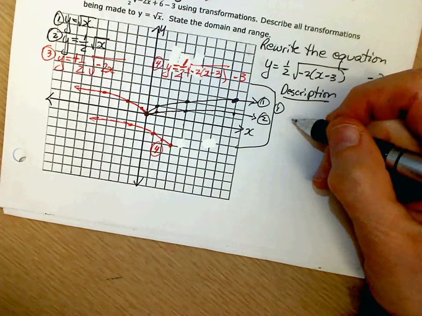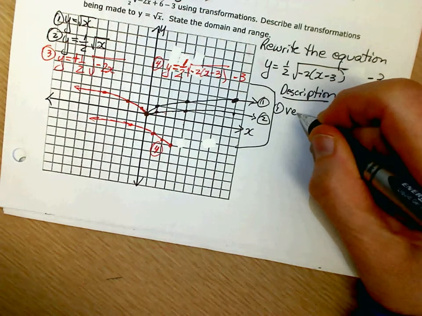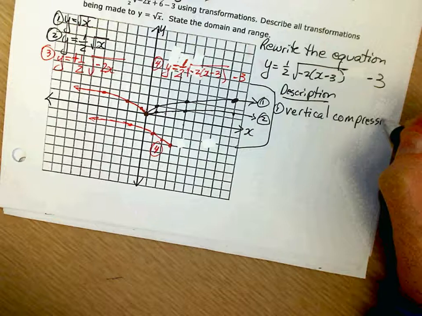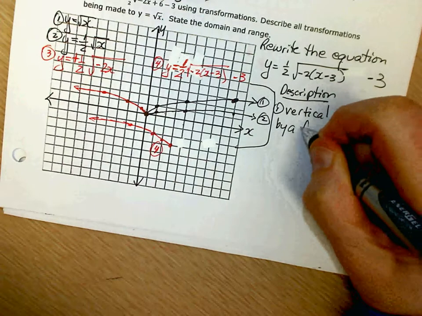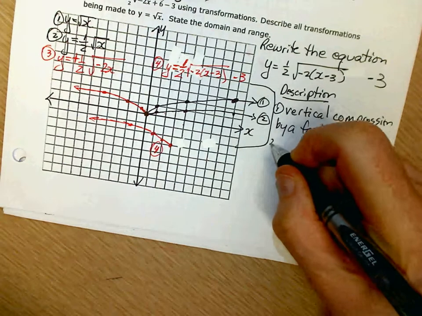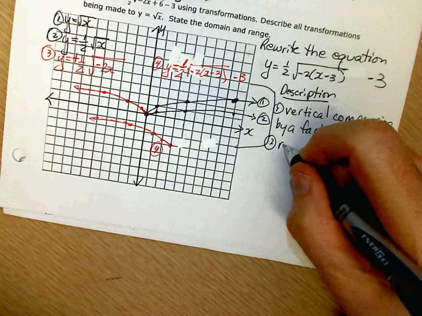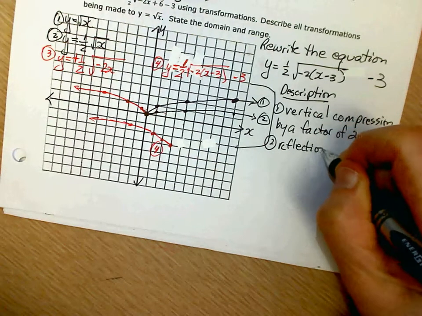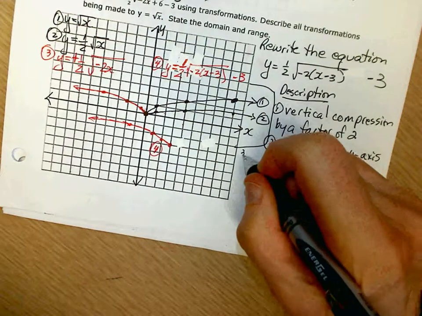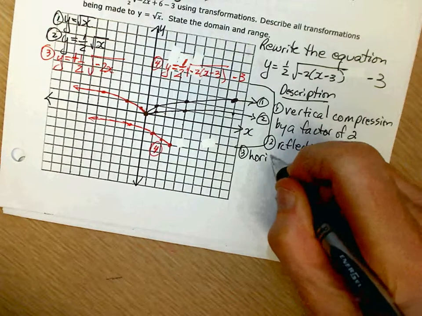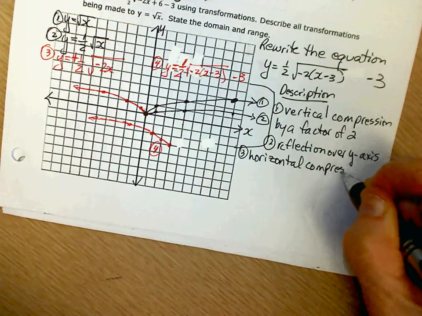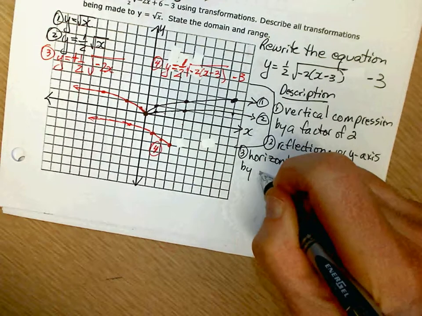1. Vertical compression by a factor of 2. 2. Reflection over y-axis. 3. Horizontal compression by a factor of 2.